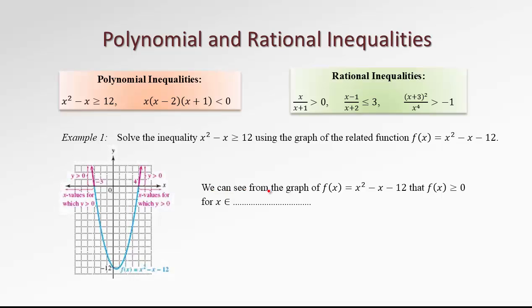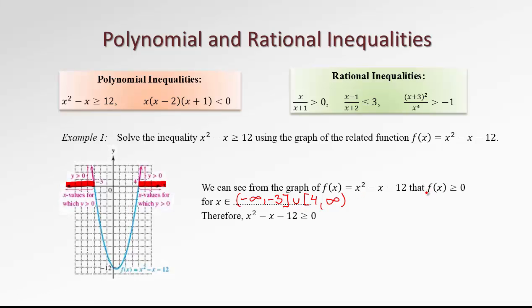Therefore, we can record that based on the graph of our function, f of x is bigger or equal to 0 for x's from -infinity until -3, including -3, or, meaning union for the two intervals, from 4 to infinity. Okay, those are the two intervals that we are taking as the solution.